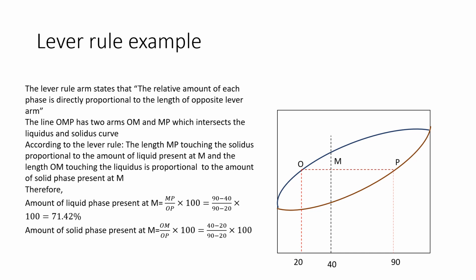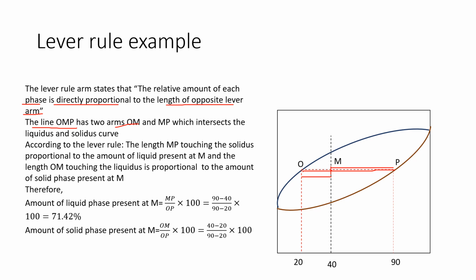Lever rule example. The lever rule states that the relative amount of each phase is directly proportional to the length of the opposite lever arm. The line OMP in this general phase diagram has two arms, OM and MP.